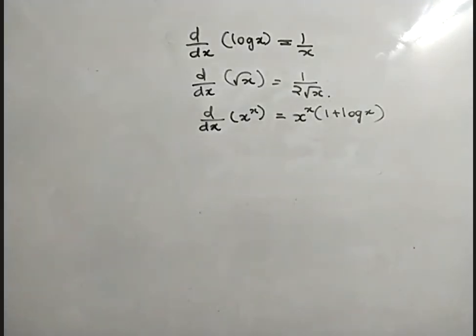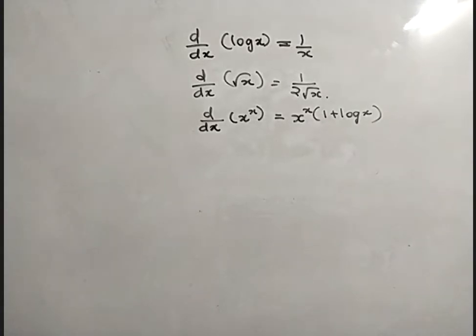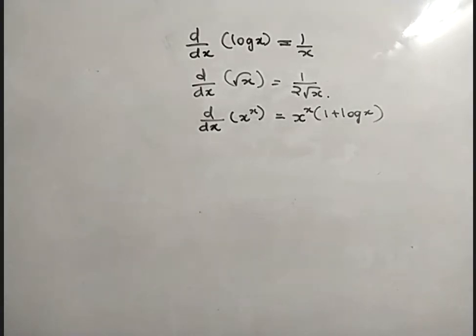So d by dx of x raised to x is x raised to x into 1 plus log x. d by dx of root x is 1 by 2 root x. d by dx of log x is 1 by x.